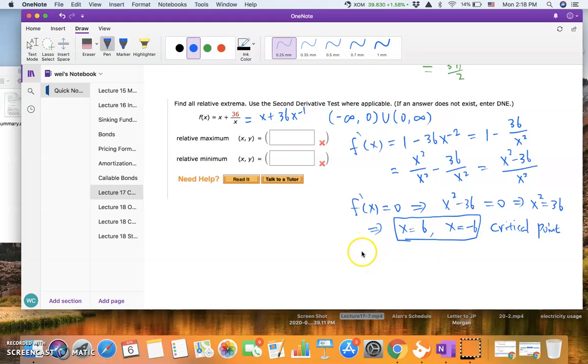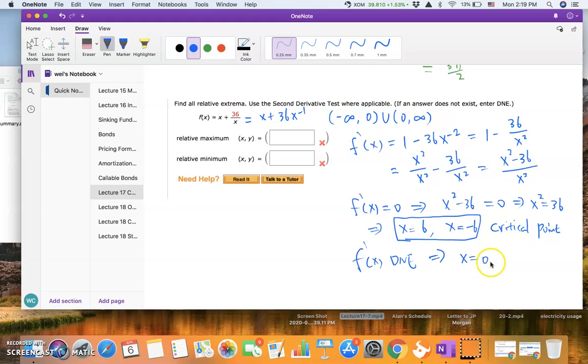The second place to find the critical point is when the derivative does not exist. For this derivative, we can see if x squared is 0, which means if x equals 0, then the derivative does not exist.